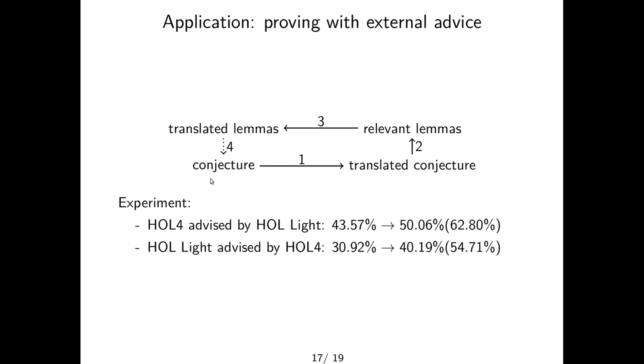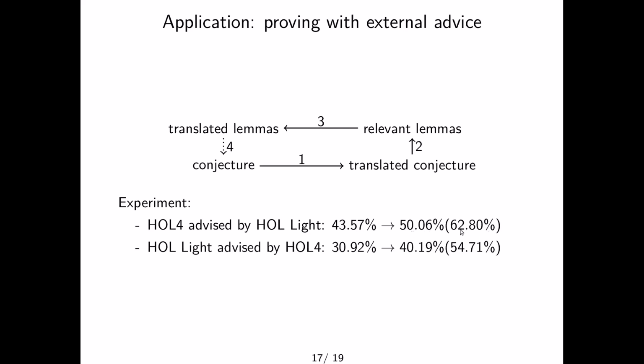Using those strategies, let's say we start knowing the full library of HOL Light, and we want to try to prove theorems in HOL4. If you just use the Hammer inside one library, you get 40%, 43%. But if you use external advice, you can get up to 50%.